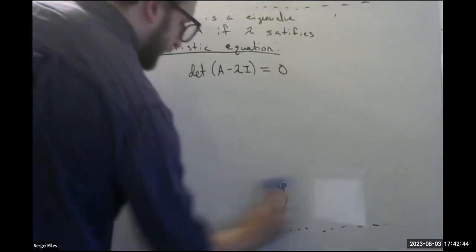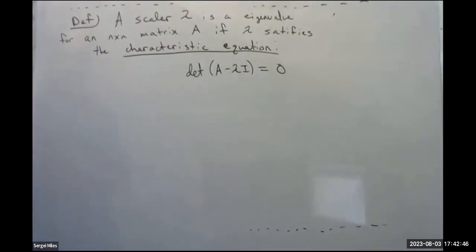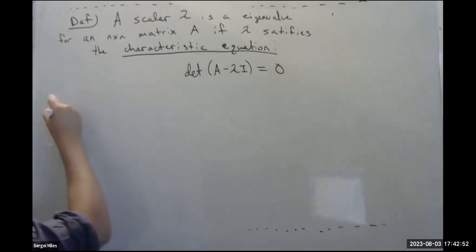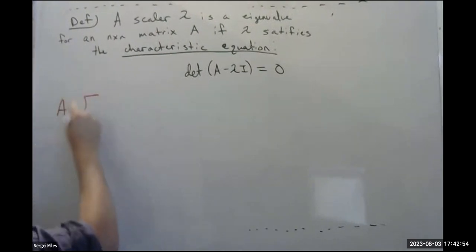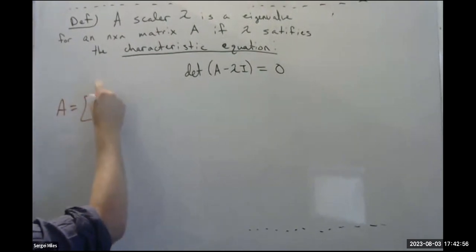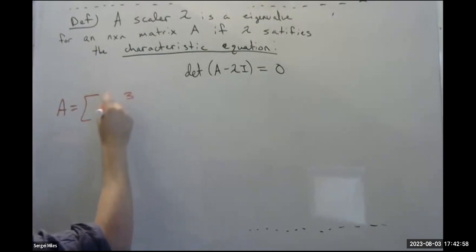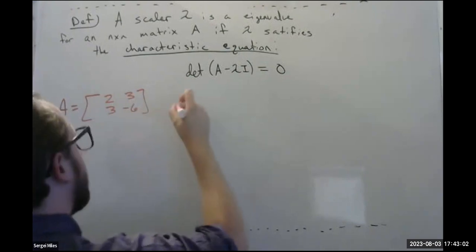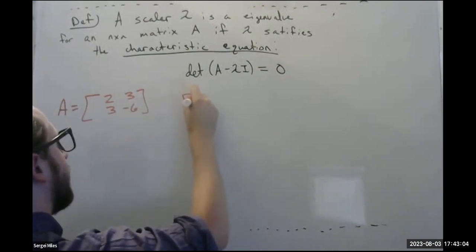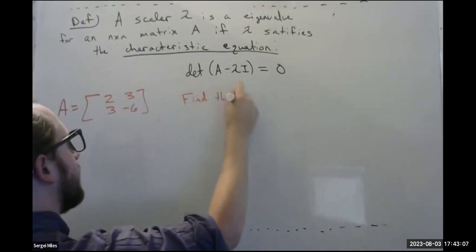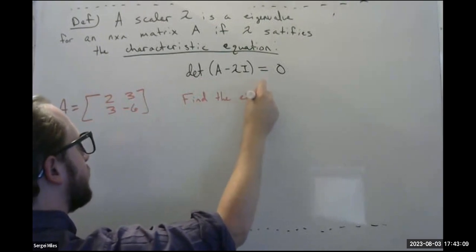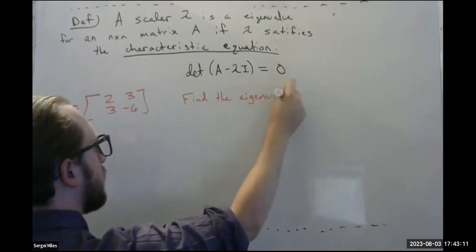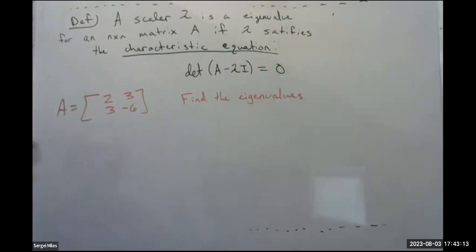So let's do an example. Let A be the matrix (2, 3, 3, -6). And we could have a question that says, find the eigenvalues. Okay, how do we do this?